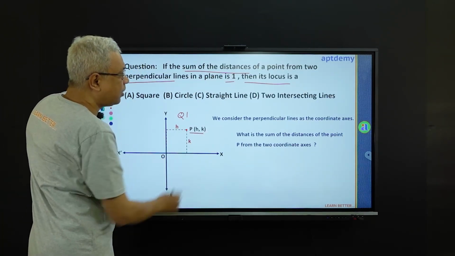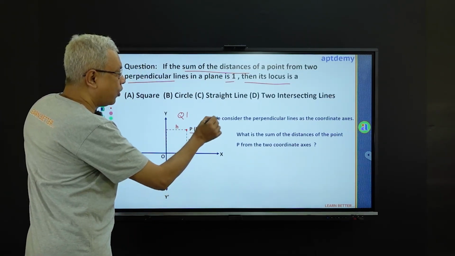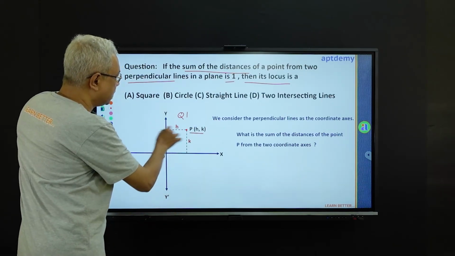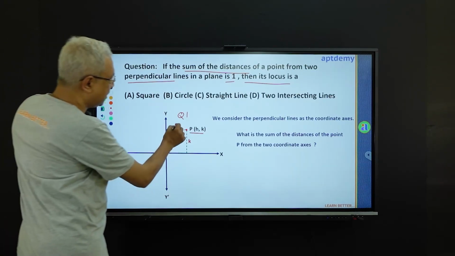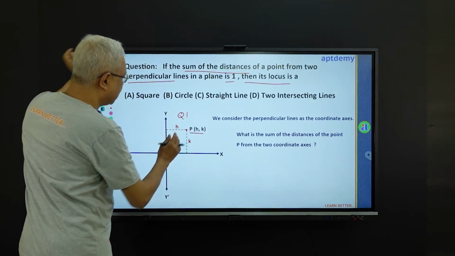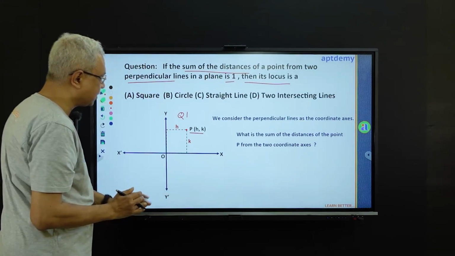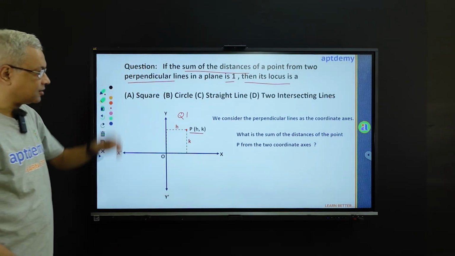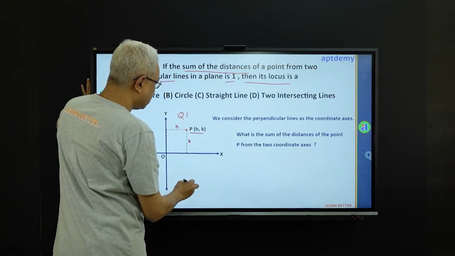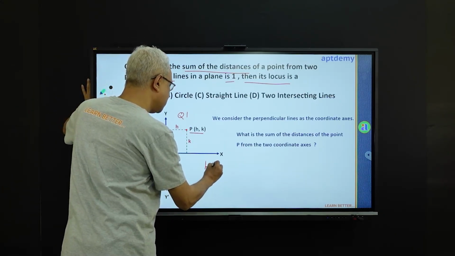Now what is the sum of the distances of the point P from the two coordinate axes in this case? Apparently it is very clear that here h is the distance of the point from the y-axis and k is the distance of the point from the x-axis. So the distance is h plus k.